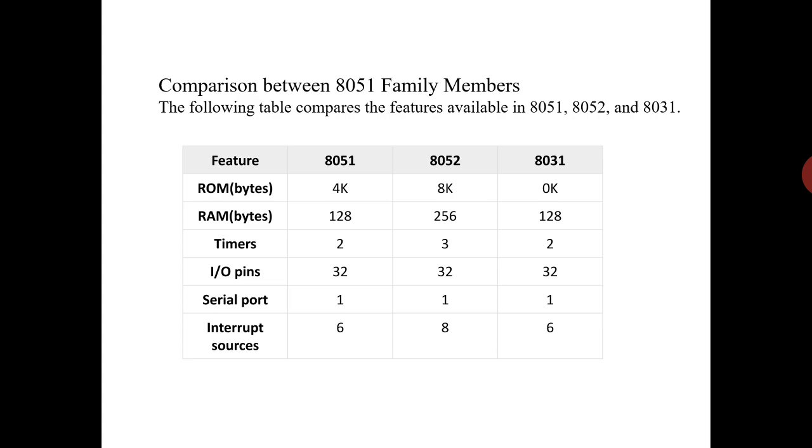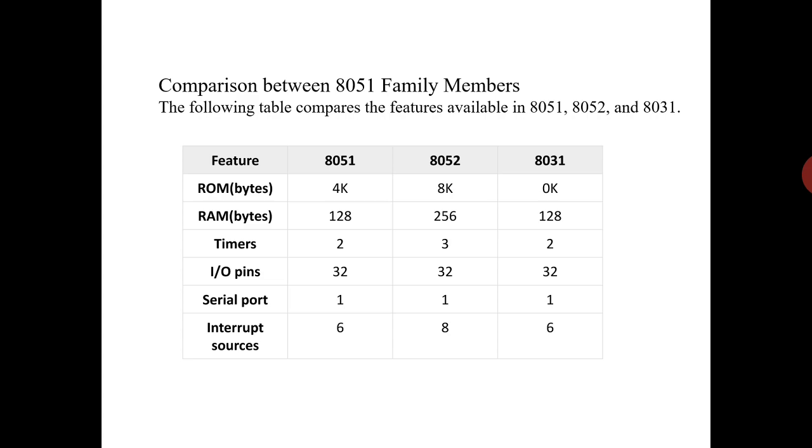In exams, many questions are asked on this table, in MCQ or in one line, one sentence answers. The table contains the features: ROM, RAM, timers, input output pins, serial ports, interrupt sources. The families are 8051, 8052, 8031.